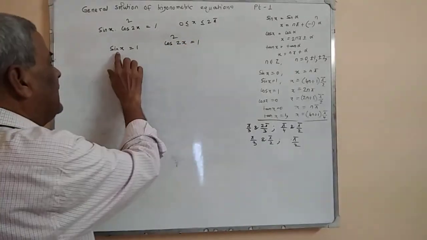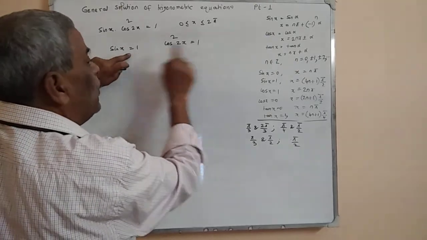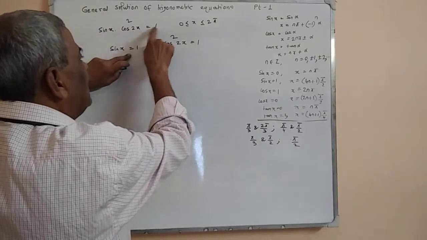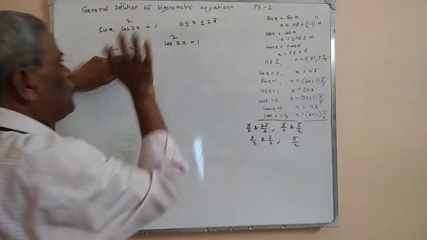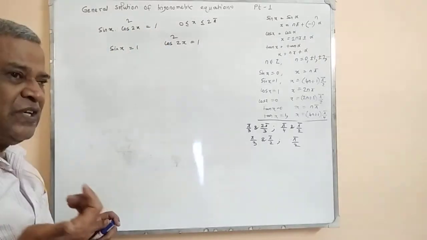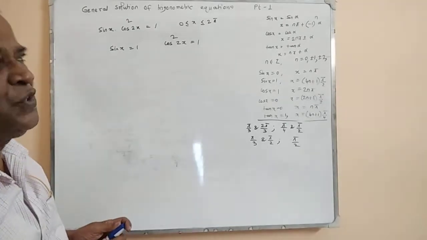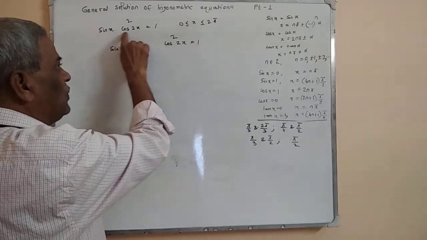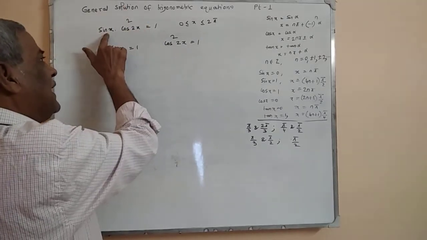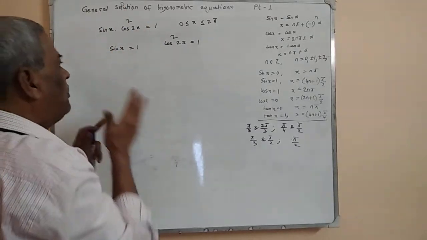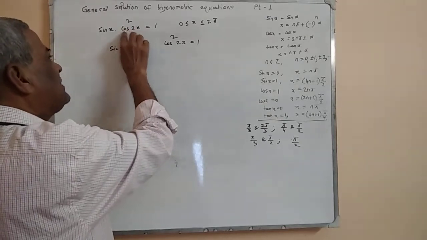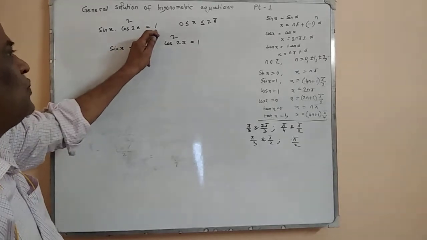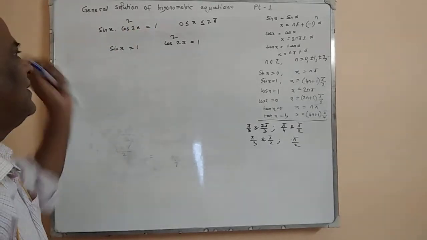Because if one is less than 1, the other must be greater than 1, which is not possible because cos square must lie between 0 to 1, as it is a whole square. So sin x must lie between minus 1 and plus 1, and the cos square must lie between 0 to 1, because the product is 1.